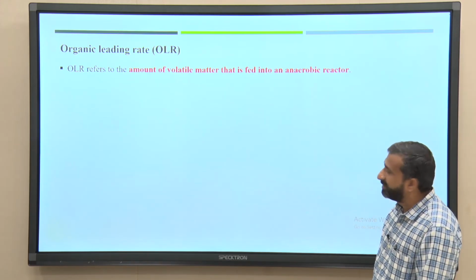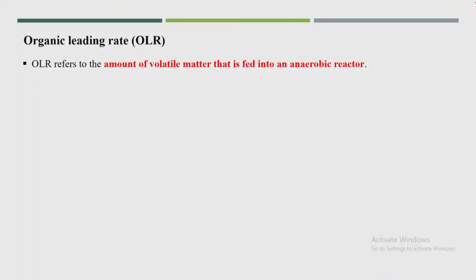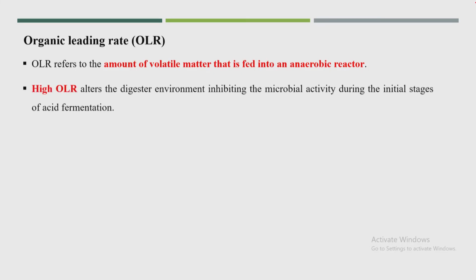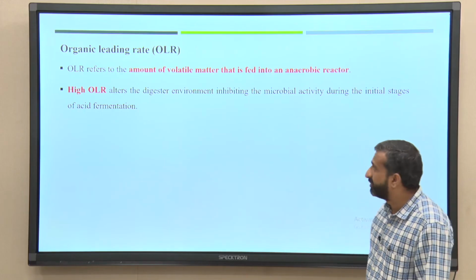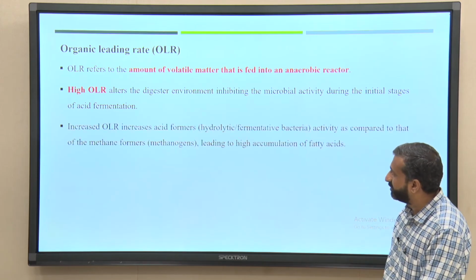Now, another factor is the OLR, or organic loading rate. The organic loading rate refers to the amount of volatile matter that is fed into an anaerobic reactor. A high OLR alters the digester environment, inhibiting the microbial activity during the initial stage of acid fermentation. So, if you add more organic matter, meaning more carbon, that is also not beneficial for the degradation process.